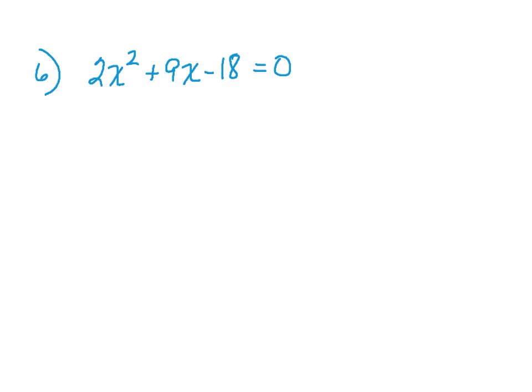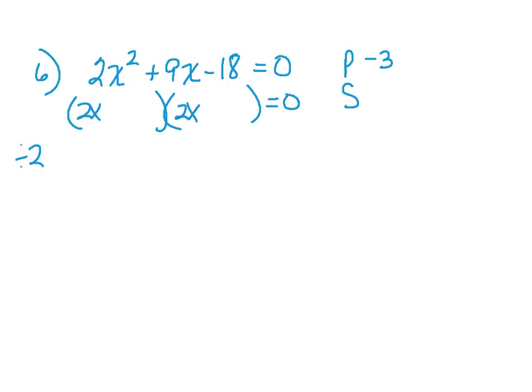So let's go ahead and do that. We're going to make a mistake here. Again, we know that's a mistake. We're consciously committing a mistake, and we'll fix it later. And now let's find our product and sum. Our product is -36, and our sum is 9.